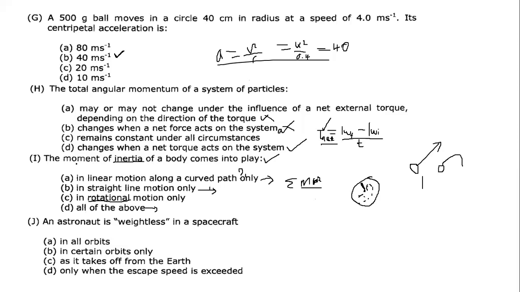But when they say moment of inertia, they already mean force or torque, force times that radius. So moment of inertia already talks about a radius, and a rotating object will only take place in rotational motion. So yeah, there we have it. Our answer is supposed to be C.